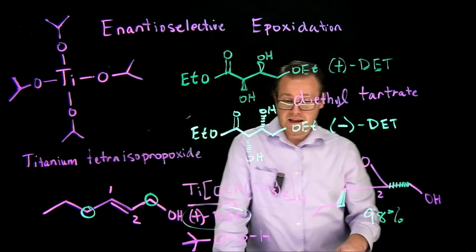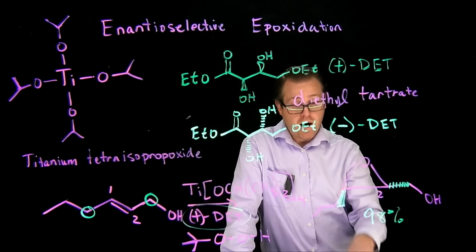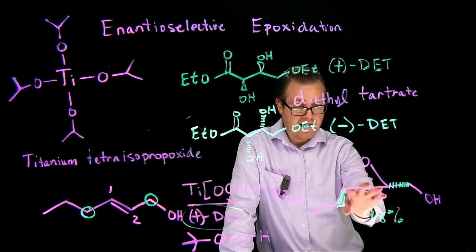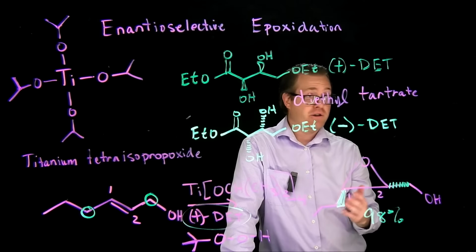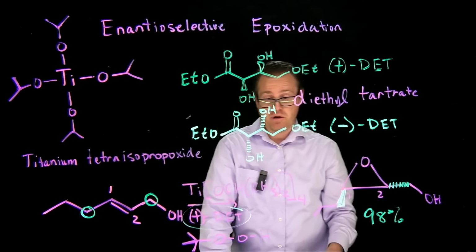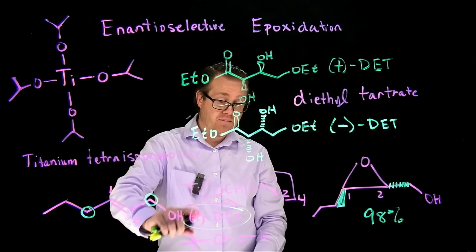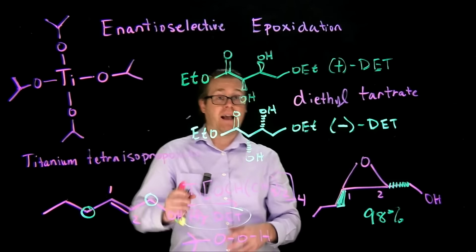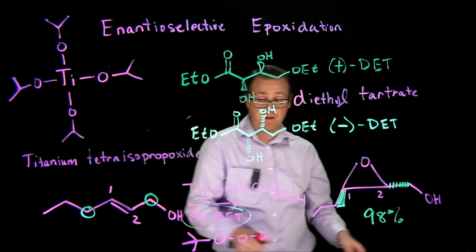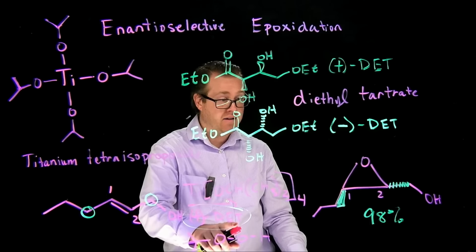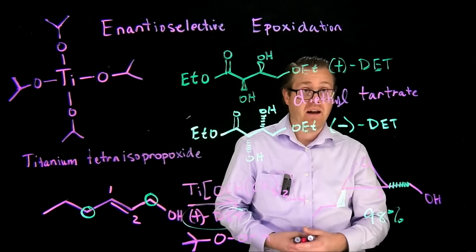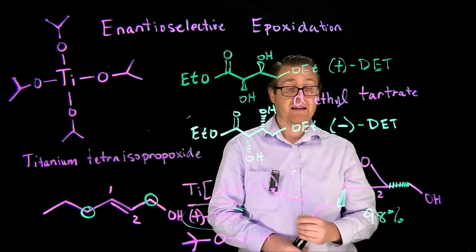So if I wanted this particular enantiomer, I have to do two experiments. I will do one experiment where I add the positive DET, and then I'll do a second experiment with the negative DET and see which one gives me the product that I desire.